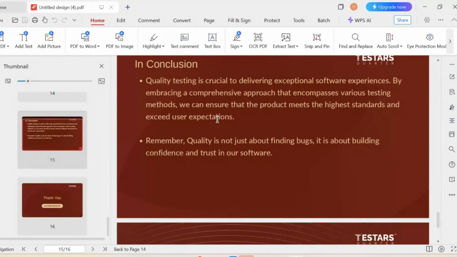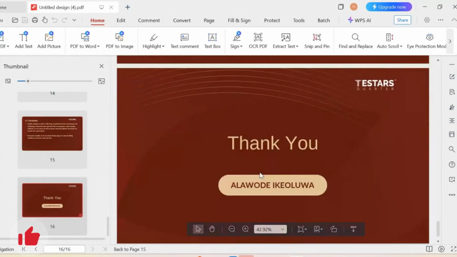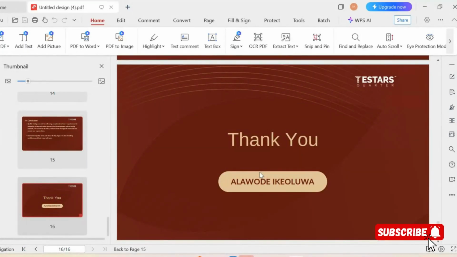This is going to help us to ensure that the product meets high standards and exceeds our expectations. So quality is not just about finding bugs, it's also about building confidence and trust with our software products.